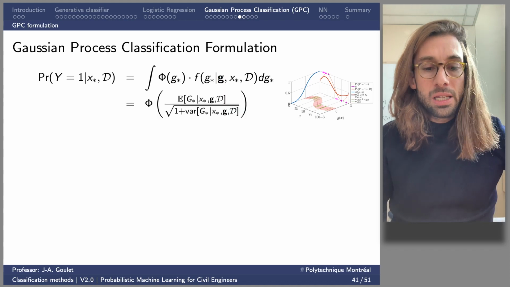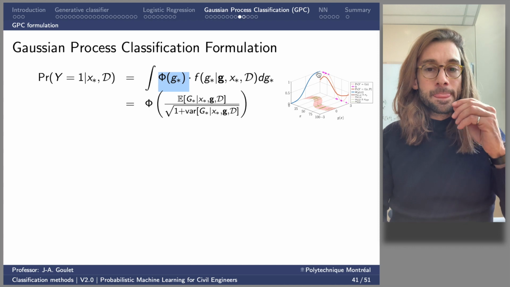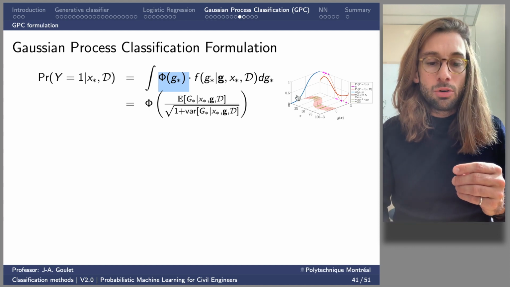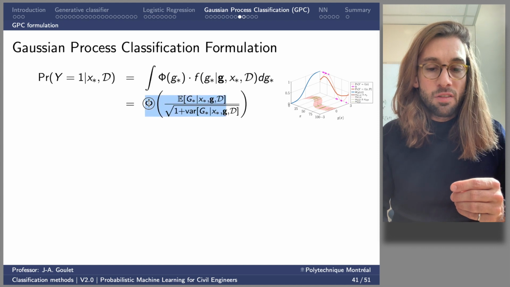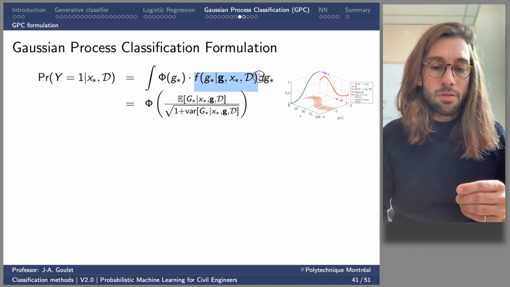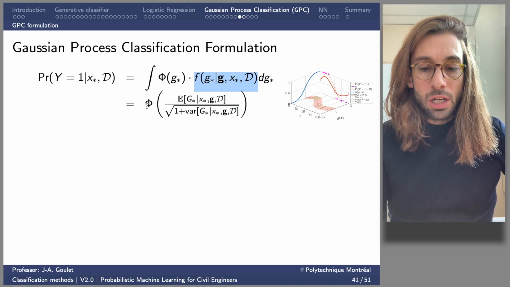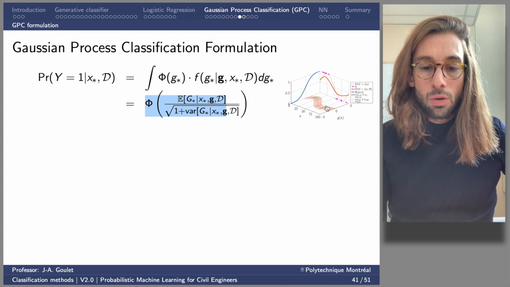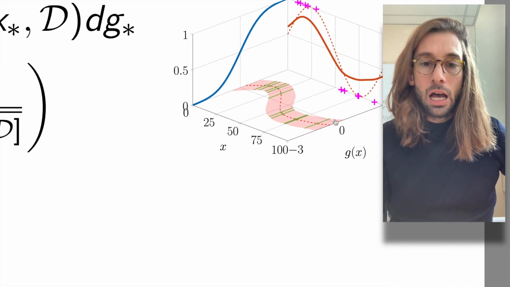And we said that because of that special choice of nonlinear function, we could solve this integral analytically, given by this value, where I have the expected value of this posterior PDF and the variance of this posterior PDF. So the output that I have represented here corresponds to the confidence interval you see in pink.